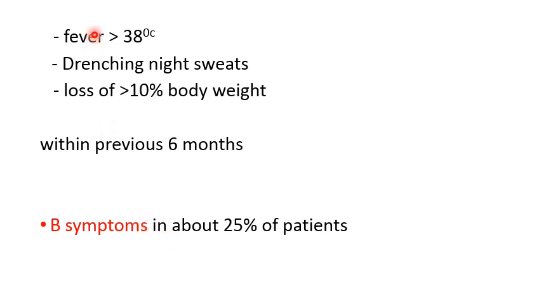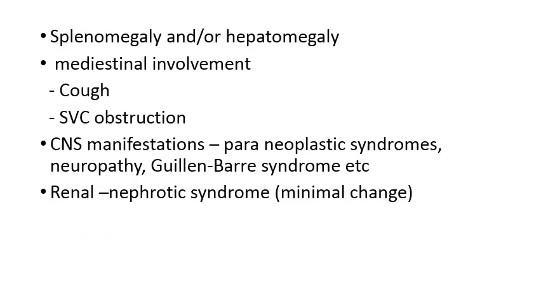So fever more than 38, drenching night sweats, and more than 10% body weight loss within 6 months are called B symptoms, which are present in 25% of patients. You will realize why these things are important when I discuss the subsequent topics. So what are the other clinical features?